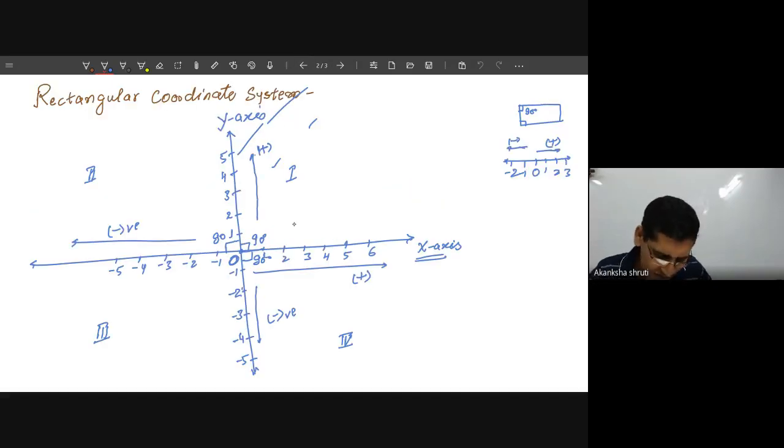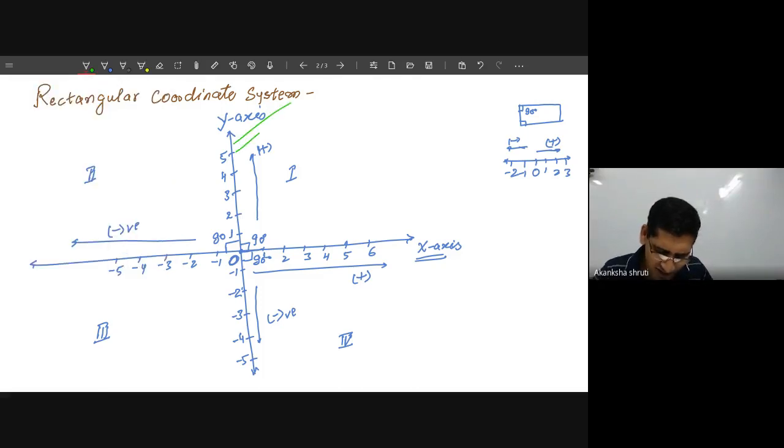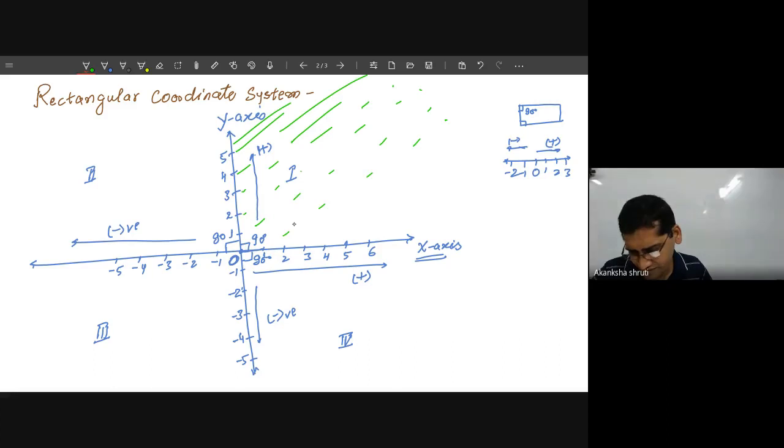Whatever side we are getting here, say I am marking this with some other color. If we consider this one, this is the rectangular area. It goes up to infinity in this region.